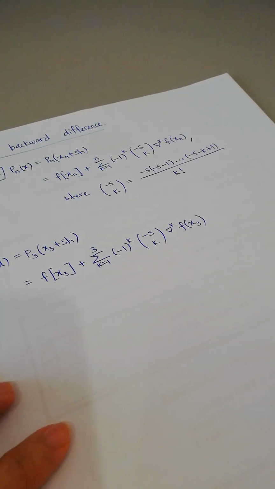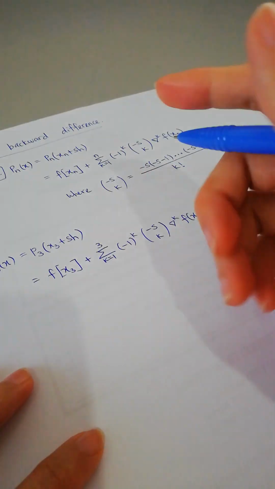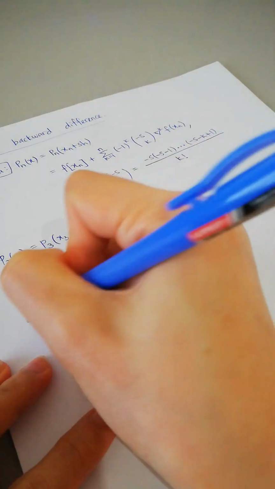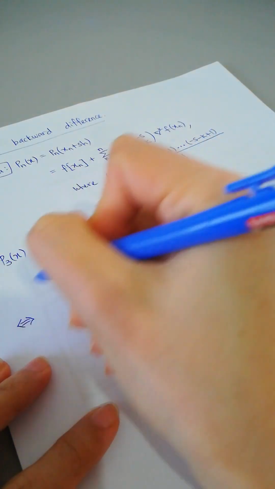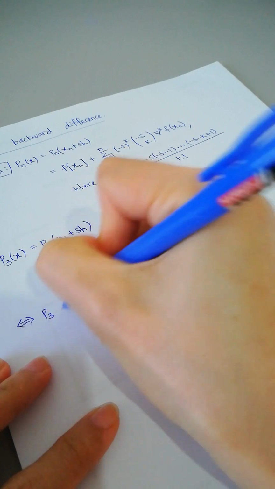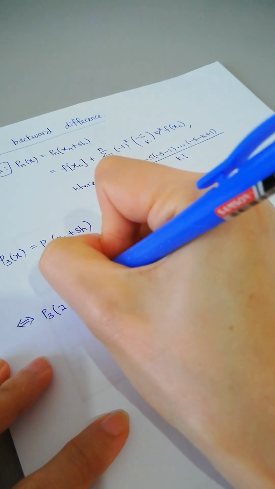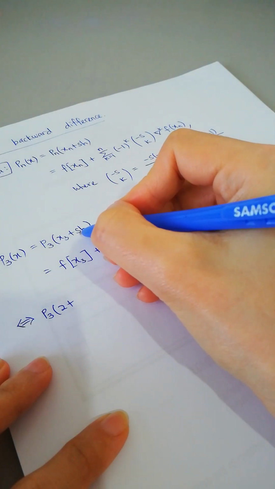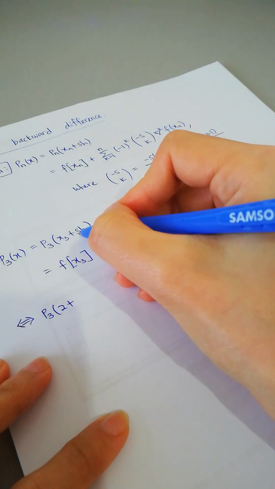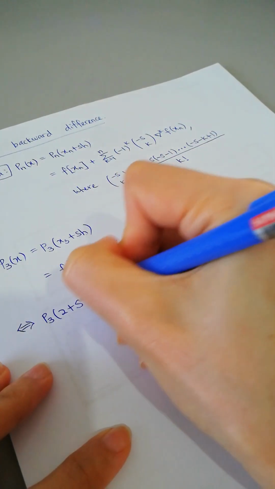Alright, so then you can substitute into here. I can rewrite this as P3(x3 + sh), where x3 is equal to 2, plus s, and h is 1, so 1 times s gives you s.